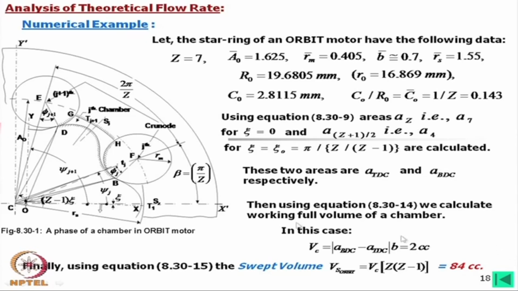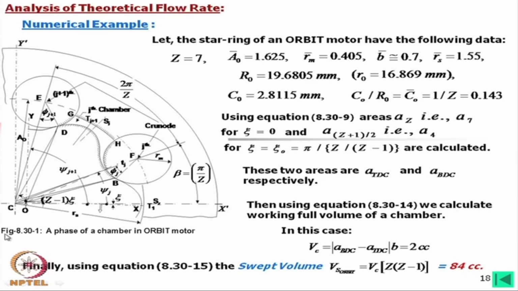This is one thing. Second, look at the size. A0 is 1.625. If you multiply it with this 20, it will become 30 or maybe 35 millimeter here, and this might be another 20. So, it is 55 to 60 millimeter at the most.